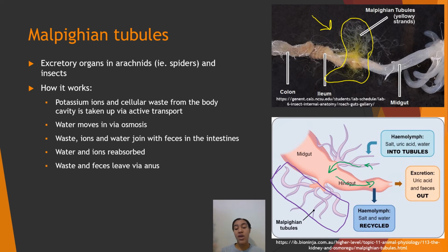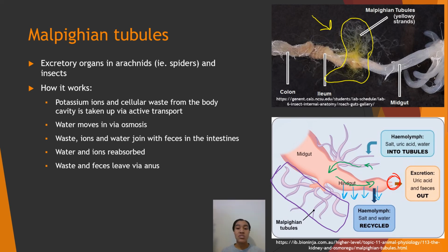And as it's being traveled further down, water is being reabsorbed and the salts are being reabsorbed so that the animal doesn't lose those valuable resources. So they need the salt and the potassium salts and the water to survive. And so constantly more and more water and salts are being reabsorbed as you get closer and closer to the anus. By the time the waste meets the anus, the only thing that's left is the solid waste, so the feces, and a dry nitrogenous waste called uric acid.